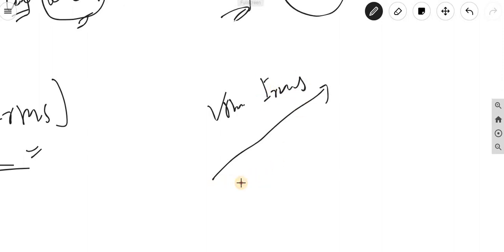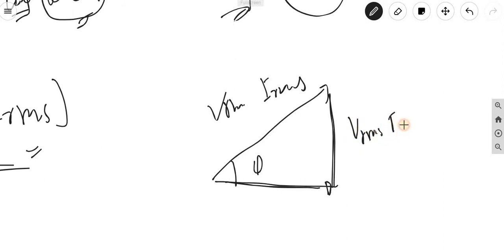If we form a right angle triangle, and this is phi, then this component and this component we can consider as V RMS I RMS cos phi and V RMS I RMS sin phi, and this component would be V RMS I RMS.